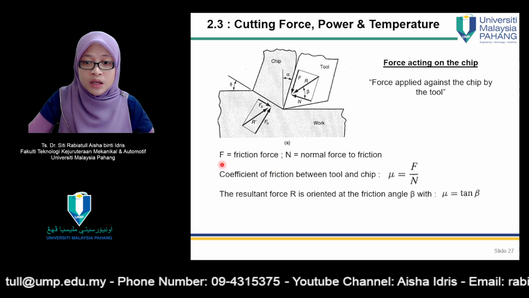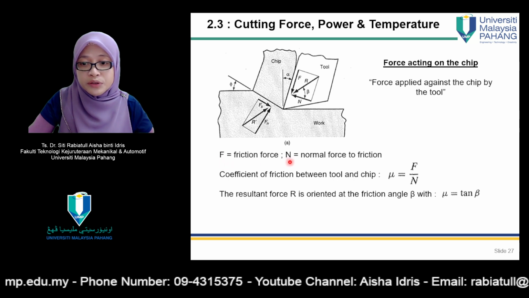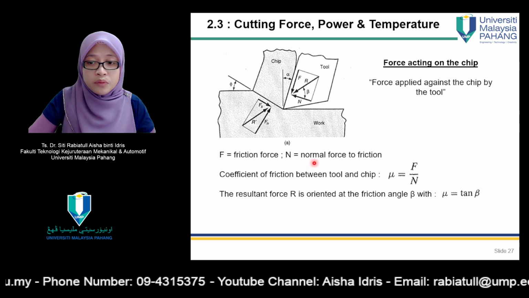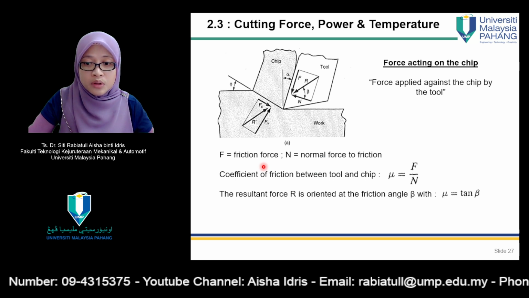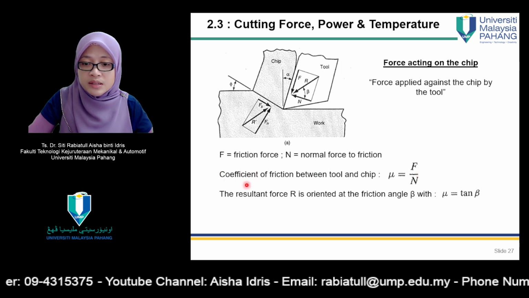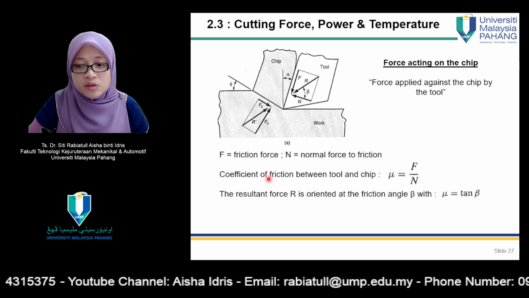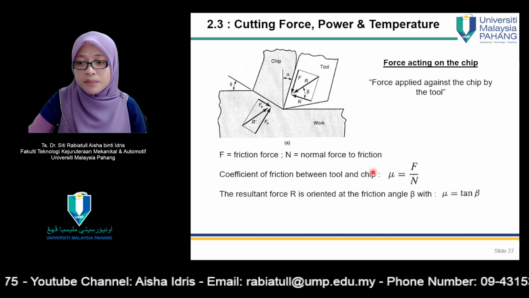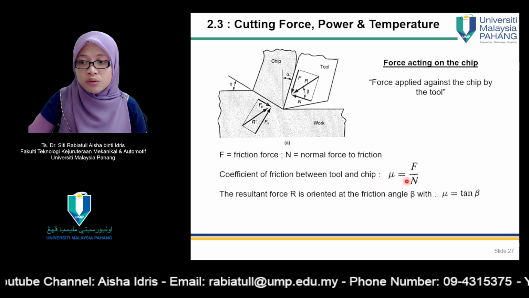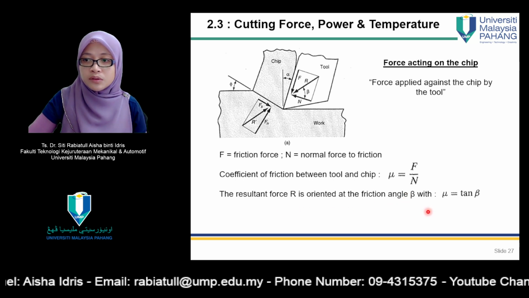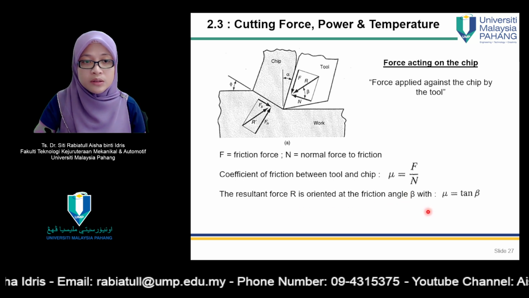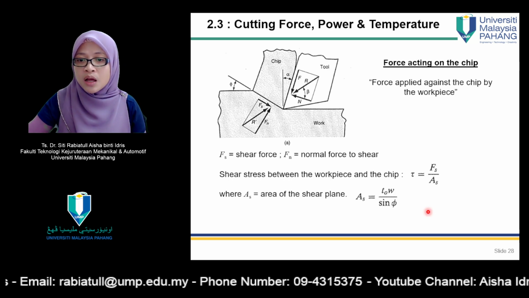F is the symbol for friction, and N is the symbol for normal force to friction. This is the formula for coefficient of friction between tool and chip: mu equals F over N. And the angle, so you can look at the terminology for this one.